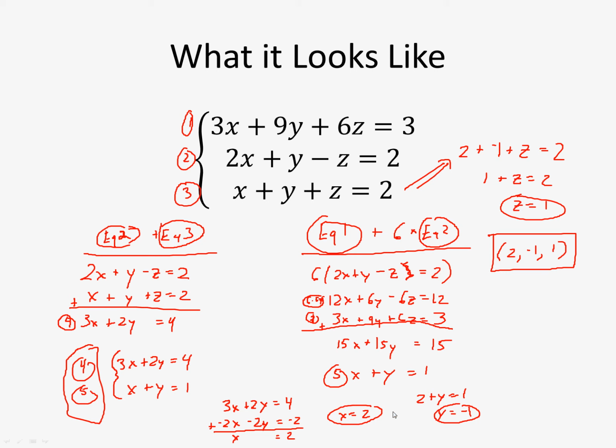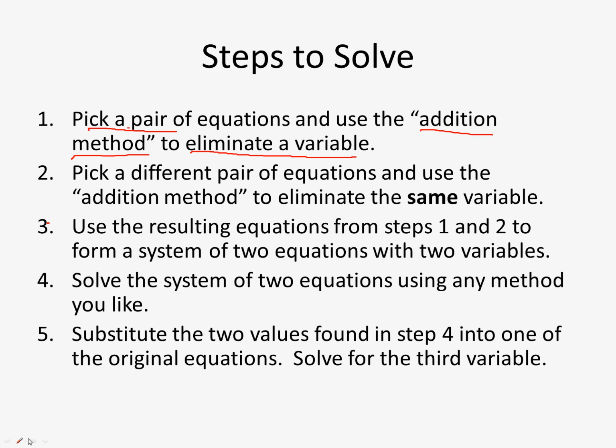Then once we knew those two values, we plugged those into our third equation, equation 3, and we got z was 1. And so that was our solution. And so those were the steps. Okay? And so that's how essentially you solve one of these 3 by 3 systems.